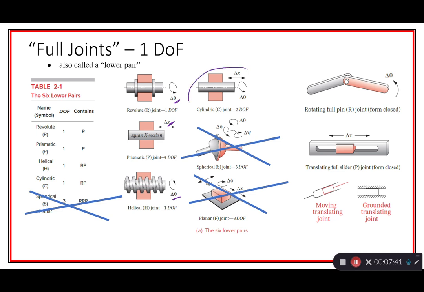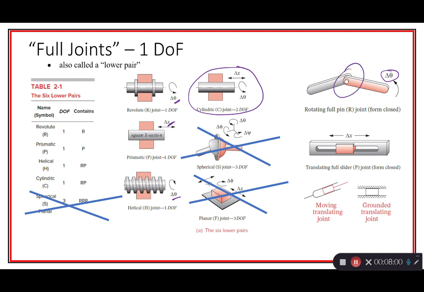This one, however, has both translation and rotation, and they're independent from each other, so it has 2 degrees of freedom. This is a rotating full pin, and it really only has 1 degree of freedom when we just look at the pin itself.